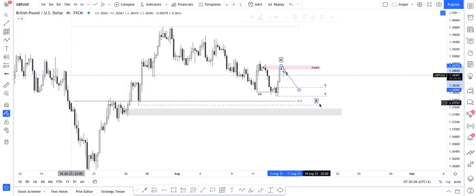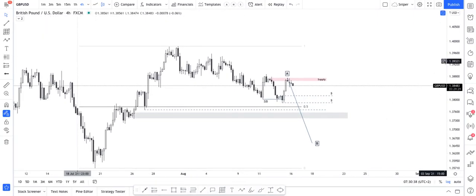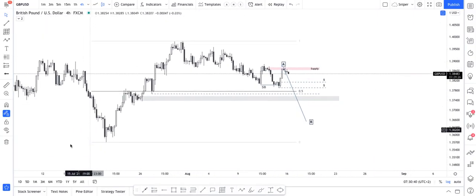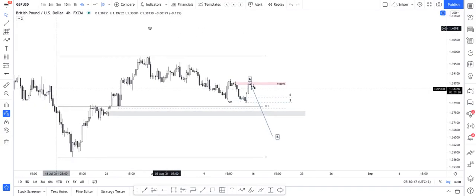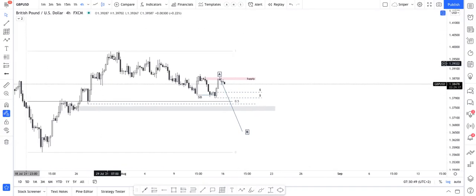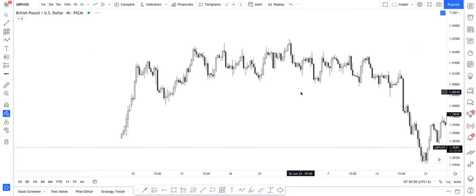Or B can be lower, or it could even be lower, filling all of this imbalance over here, because, remember, we're just working within our 20-day range. That's all that we're working in. We're not concerned about the rest, the previous. We're just looking at the last 20 days, and that's all that we need to be concerned about from an intraday day trading perspective. It's not going to help us looking at the last 40, 60, 80, 100, 120 days.